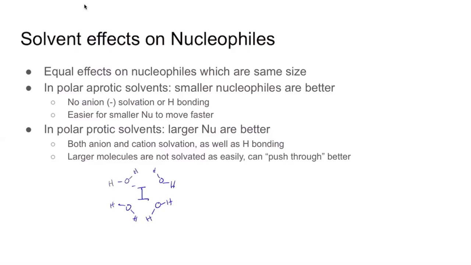The I- is pretty big, so it's still going to be able to move through the polar protic solvent. In comparison, a really small nucleophile would not be able to do that as easily. There's also hydrogen bonding going on, so that's just another factor that makes a larger nucleophile better in polar protic solvents.